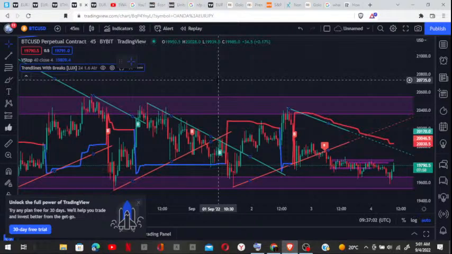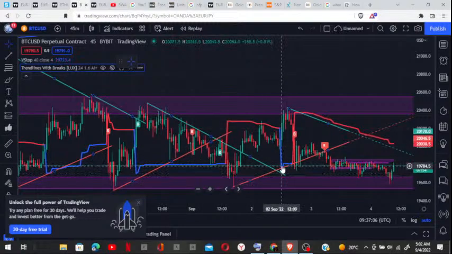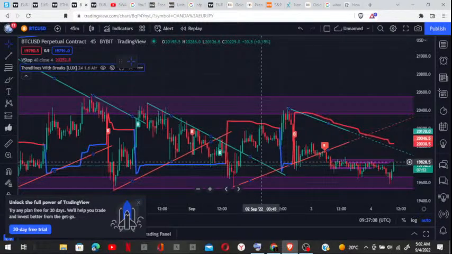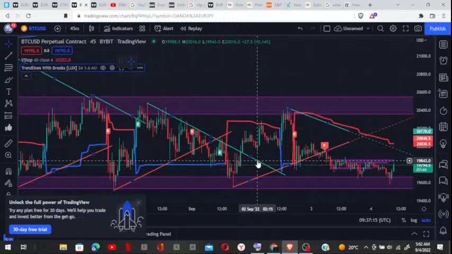Okay, so let me show you something else. We've already created our trend lines. This is another indicator that we'll be using to show us when to enter the buy market and when to enter the sell market. So maybe when to sell and when to buy, literally.